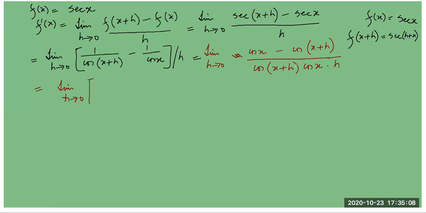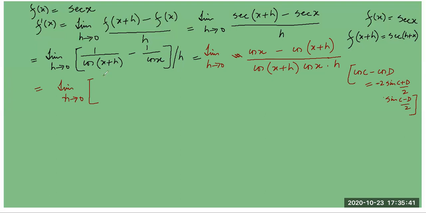Now guys, we are going to apply the formula, cos c minus cos d. Very right. This is equal to minus 2 sine of (c plus d) by 2, into sine of (c minus d) by 2.